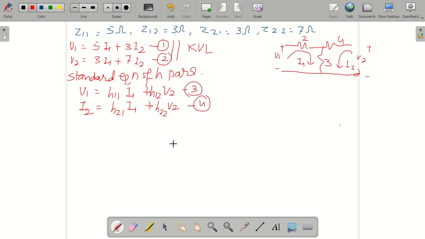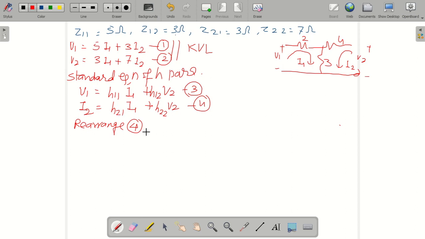Now, how to get the H parameter? This is equation number 2. V2 in terms of I1, I2. Here also V2 in terms of I1, I2, in equation 4. So what do you have to do? Rearrange 4. I'm not going to derive the formula and not going to mug up the formula. I'm just trying from the rearrangement.